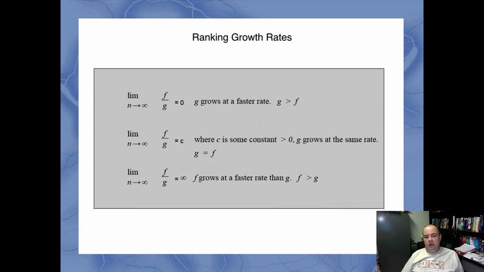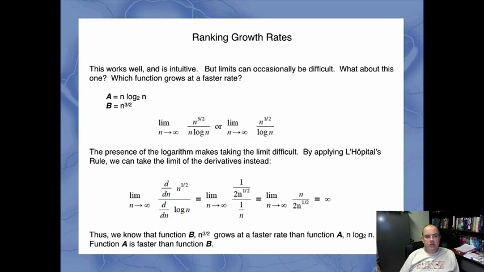If the limit resolves to a constant that's not 0, then they both grow at the same rate. However, if the limit as the problem size goes to infinity of f over g is infinity, this implies that f grows at a faster rate than g. Thus, there are times when we need to figure out which algorithm is faster, and we use limits to determine that. So here's an example of a fairly common problem.